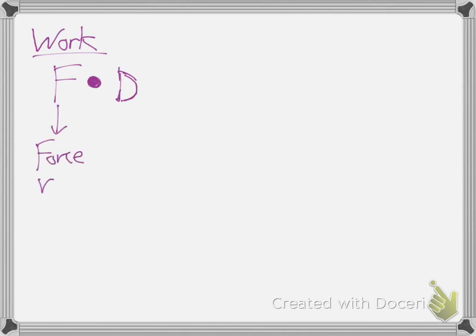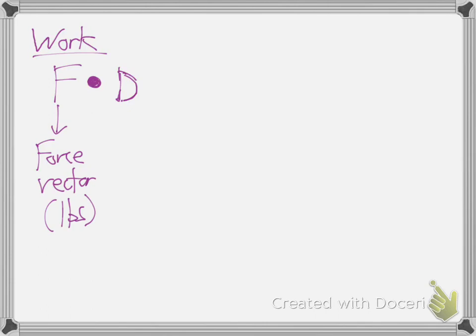I'm going to start with the official definition. The official definition of work is force dot distance. See the dot product? That's why we're doing this word problem in the dot product section, because it's a natural application from physics to find work. So force is a force vector, and force is pounds in English units.